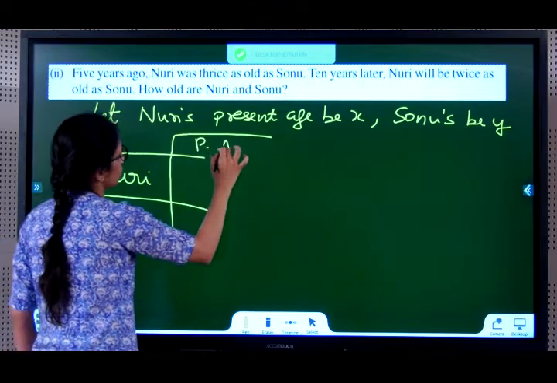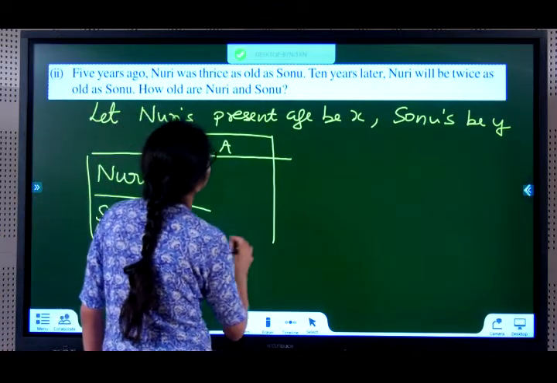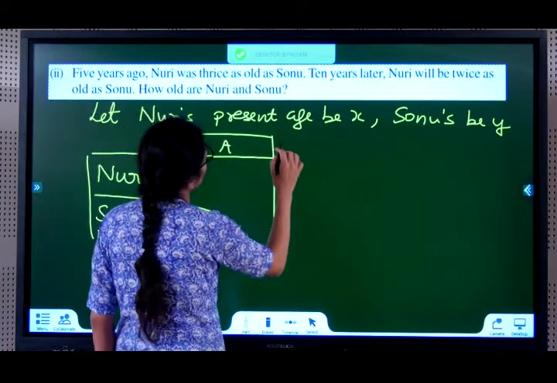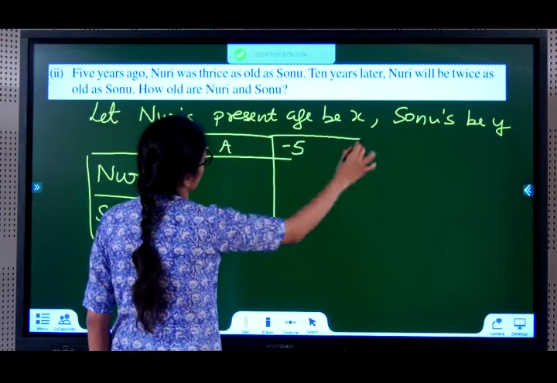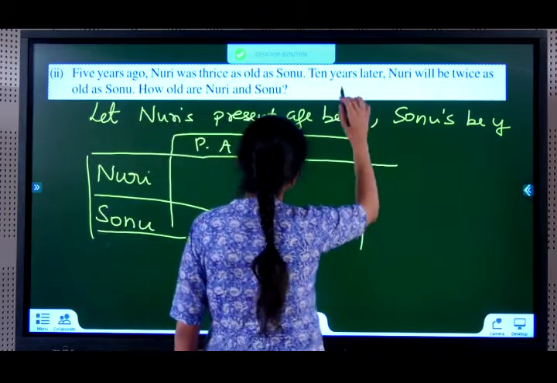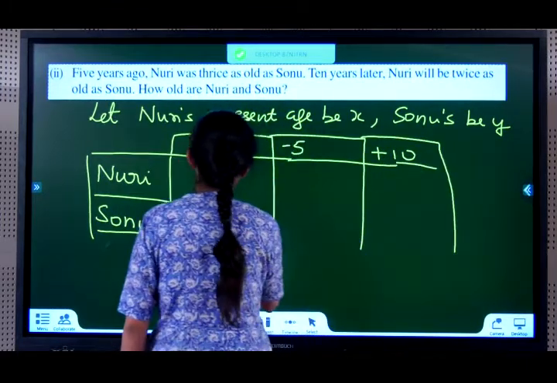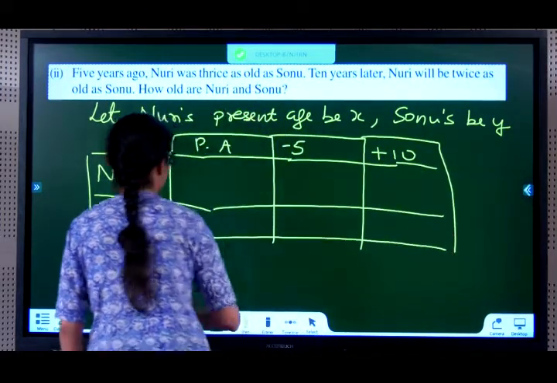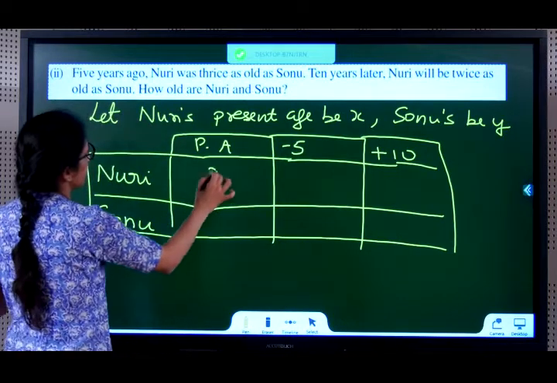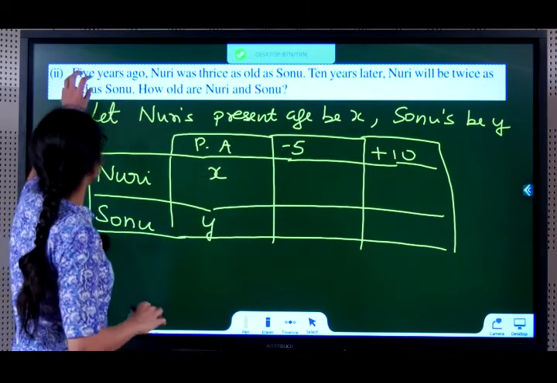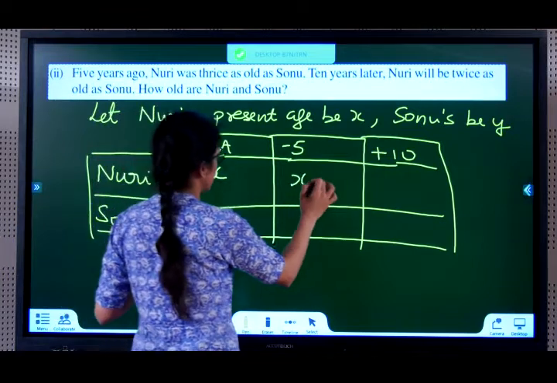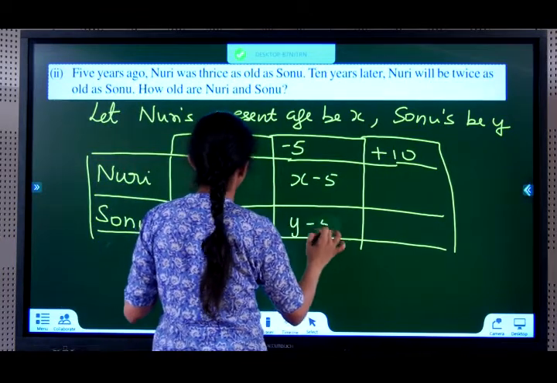First you have present age, then 5 years ago, minus 5, then 10 years later, plus 10 years from their present age. Okay. Noori's present age is x and this is y. 5 years ago, Noori's age is x minus 5 and this is y minus 5.